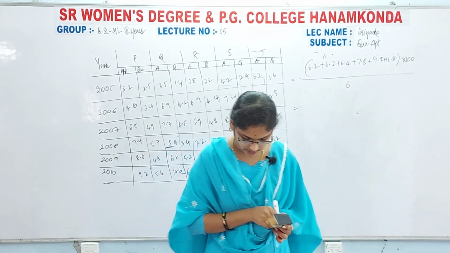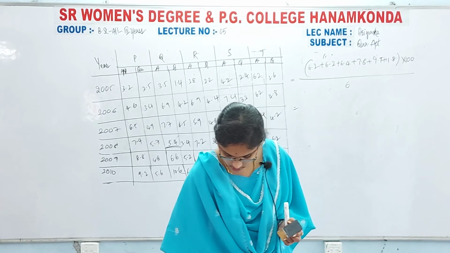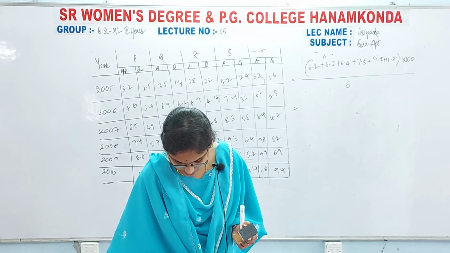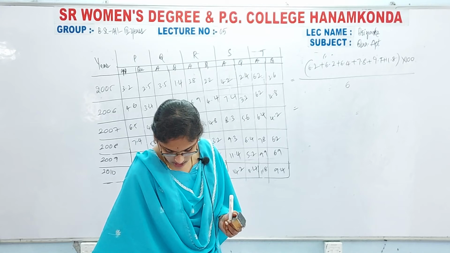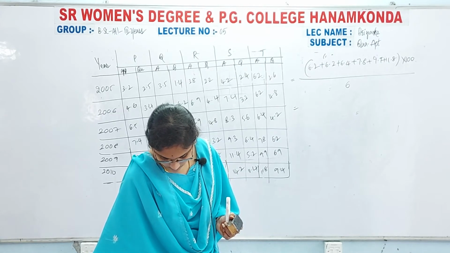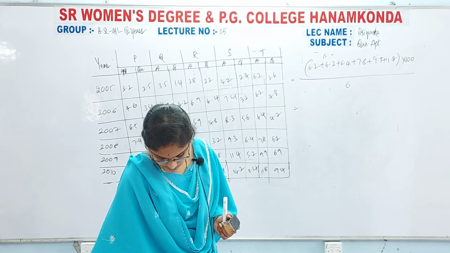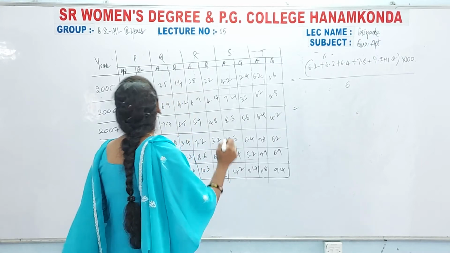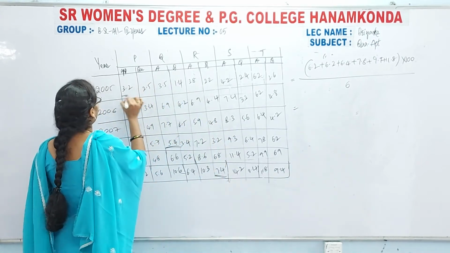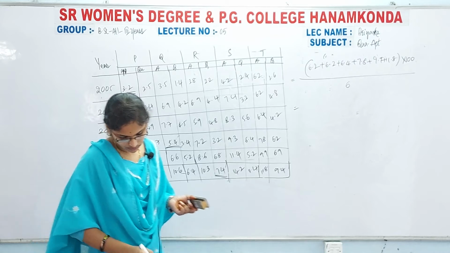Okay. So next, the fourth question is, what was the ratio of the number of candidates appeared from zone P in the year 2005? Appeared in P zone 2005. So this is 3.2.